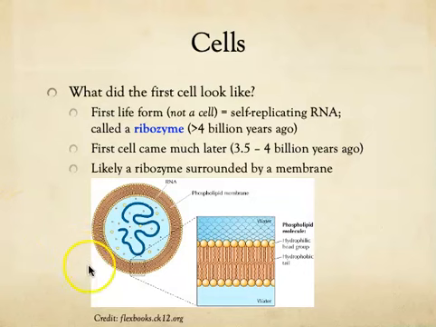In this drawing down at the bottom, you're looking at an artist's rendering, again, of a very primitive cell. It's basically a very simple bilayer of membrane with RNA inside of it, and just a few of the molecules that we would now expect to find inside of the cytoplasm of a modern cell.